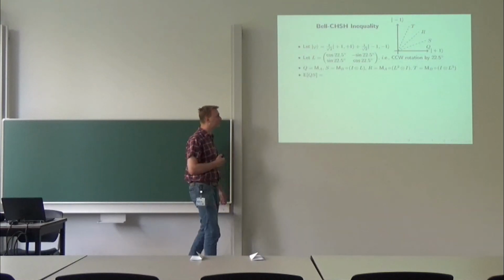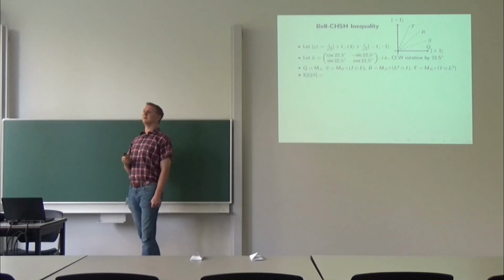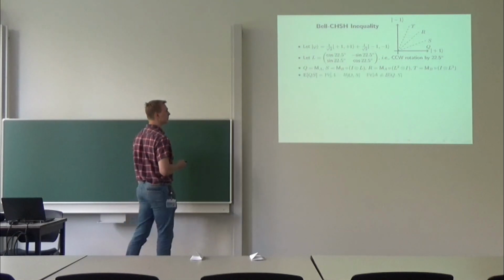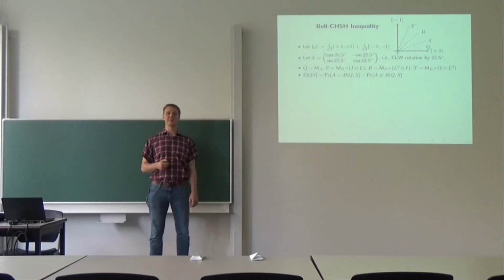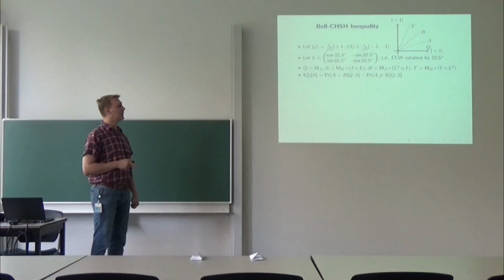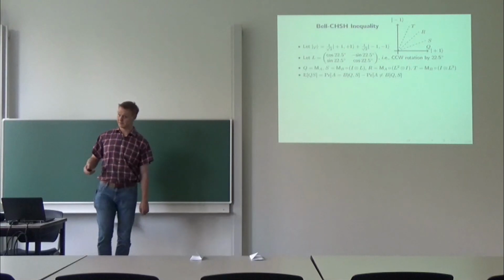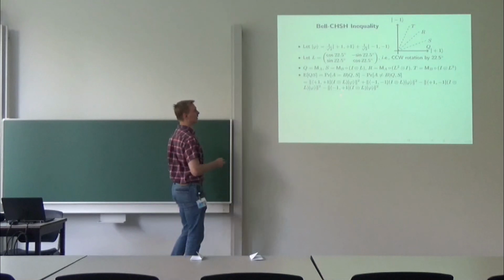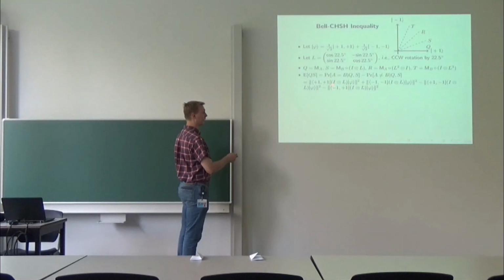Alright, so we can compute the expectance value of Q times S, which is the probability of measuring the same qubit minus the probability of measuring different qubits. When you work it out, you take the state, apply the computation, and then compute the probability of measuring 1, 1, which you do by taking this amplitude and squaring it.